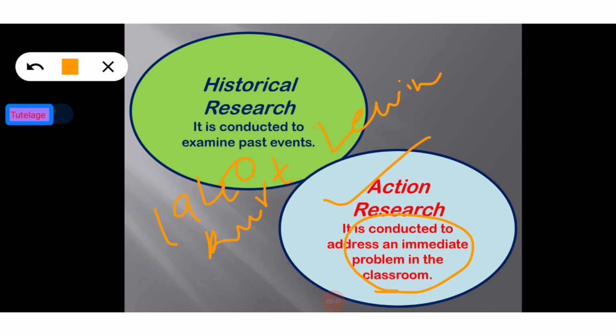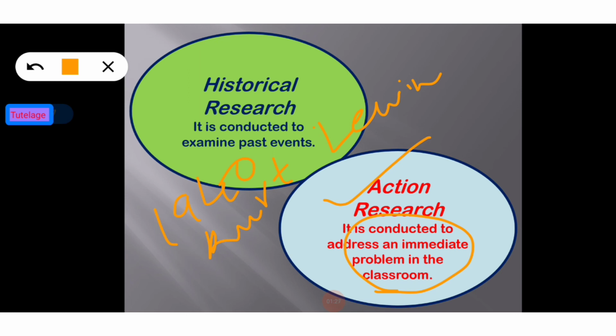It refers to the use of evaluative, investigative, and analytical research methods for developing remedial solutions for weaknesses and problems in organizations and institutions. It can also be used for improvements in organizations. It is less formal and theory driven, as it is meant for a specific situation. Clear? So action research basically helps to address the immediate problem in the classroom.